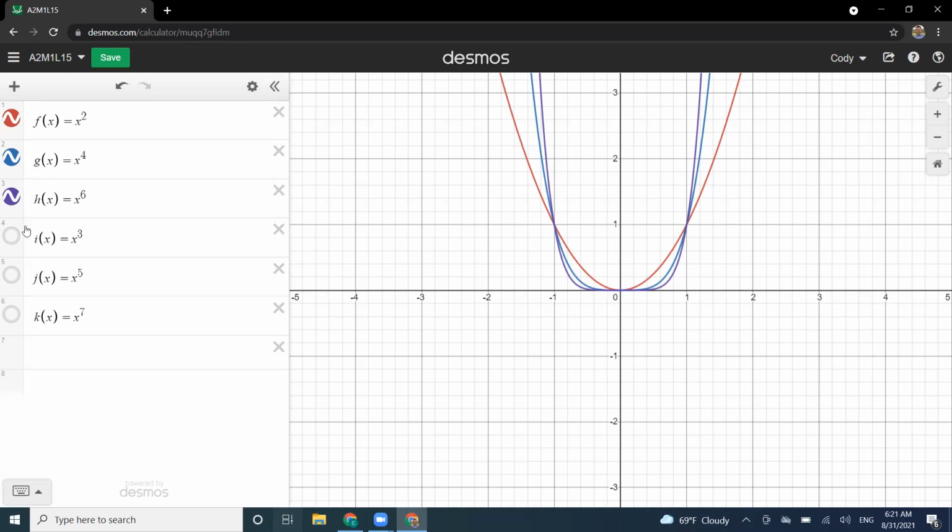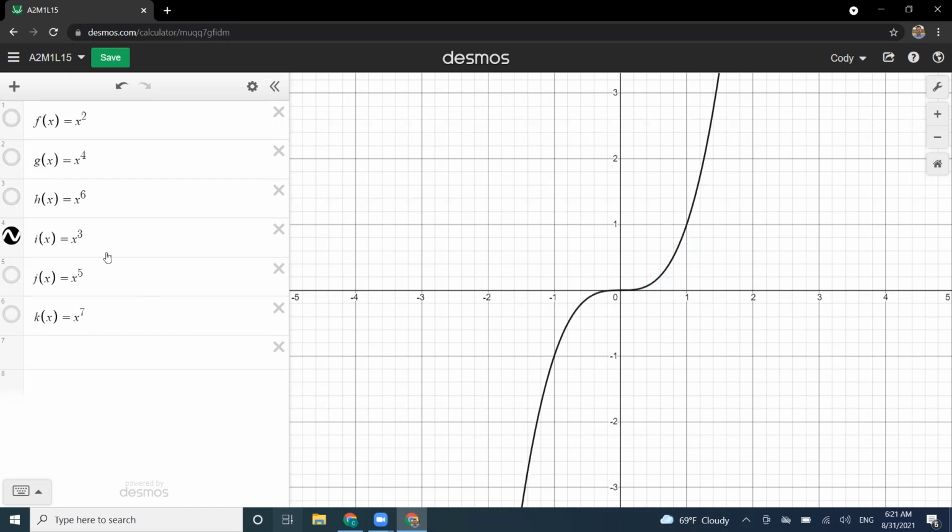Now, if we look at the other one, it says look at x to the third, x to the fifth, and x to the seventh. If we look at those, let me go ahead and clear these off. I told you odd exponents are different in their end behavior. How they end, they're going to be in opposite directions. Evens, they're going in the same direction.